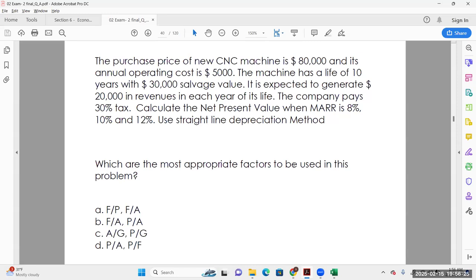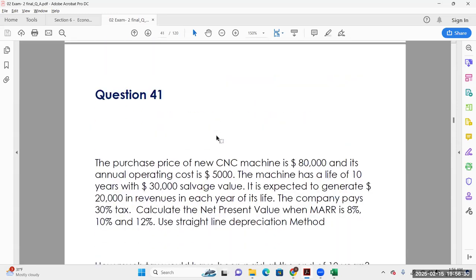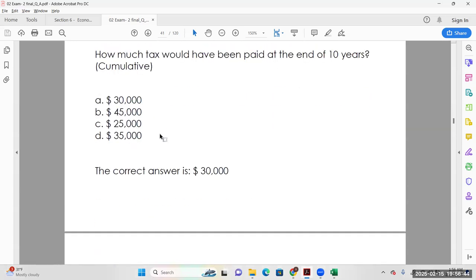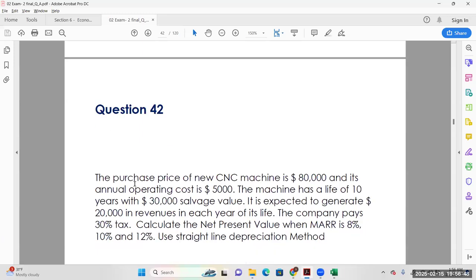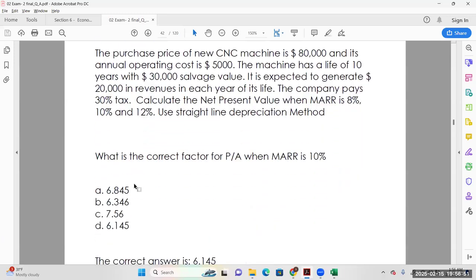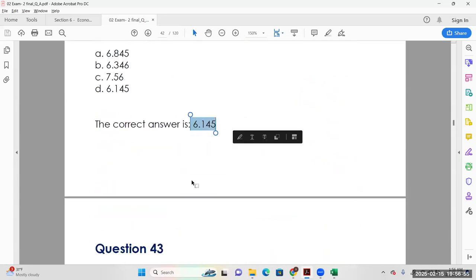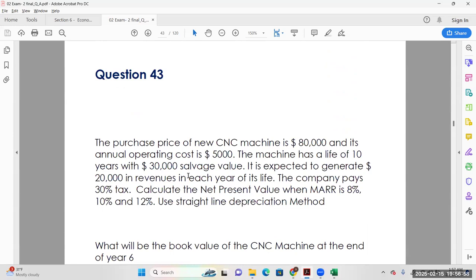Yes, D. That's D. We know P by A factor is 6.145.